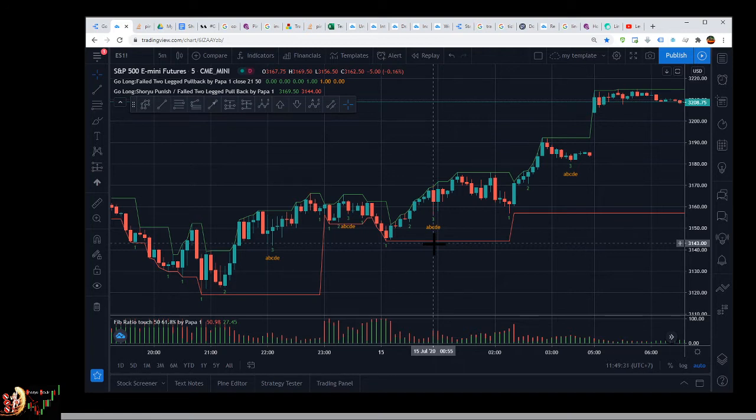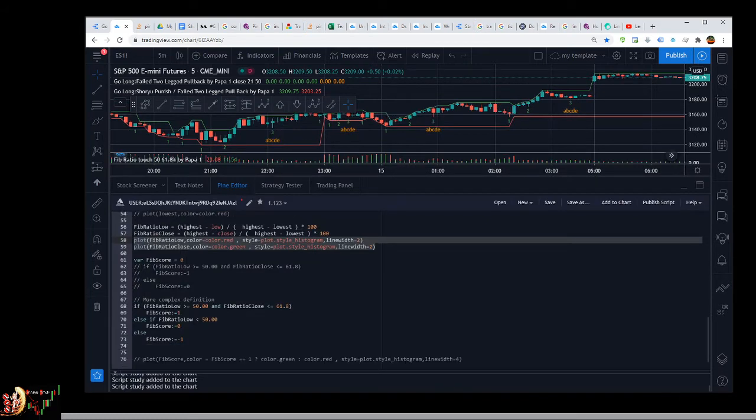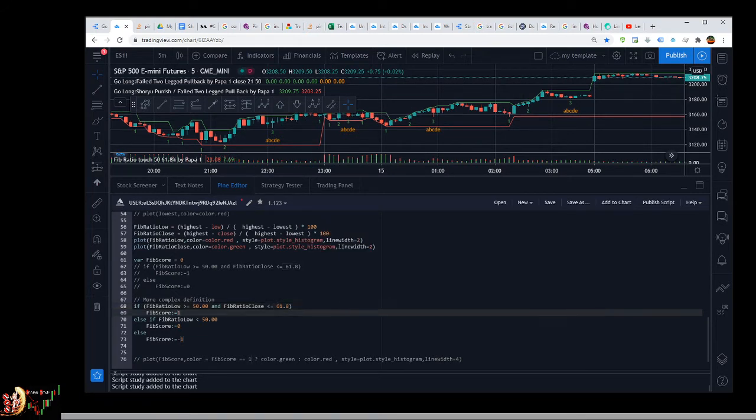Okay, so once I have this for every single candle, then I need to do my Papa rule, and the Papa rule is basically to say that if the low of the candle retrace more than 50%, but the close of the candle retrace less than 61.8%, then it's a Papa score equals to 1. Okay.